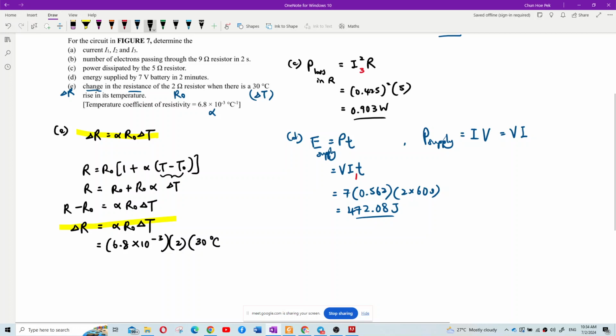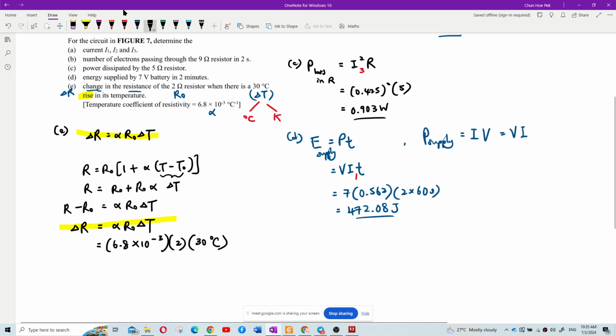Remember, delta T can be in degrees Celsius or Kelvin, because it's about change, or rise, in temperature. It does not necessarily must always be Kelvin. You can also put in degrees Celsius, no need to change.